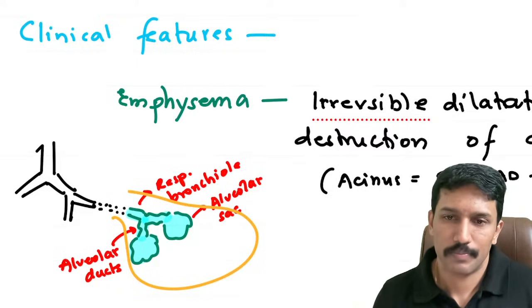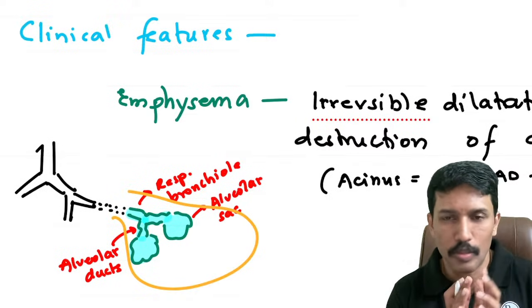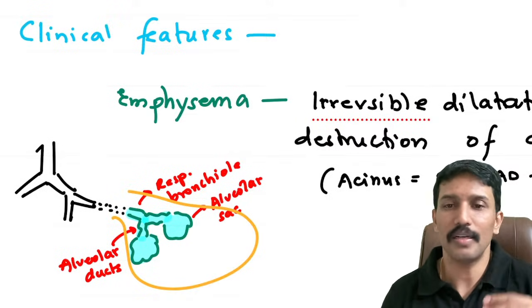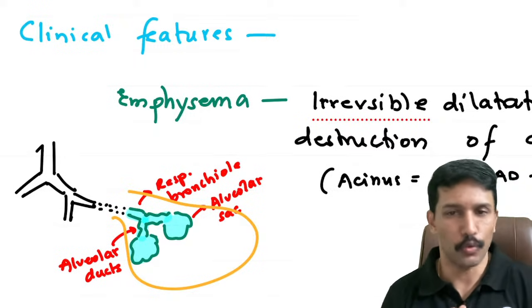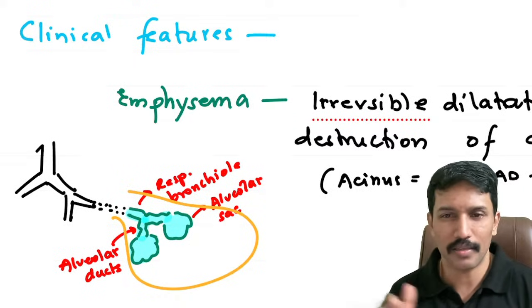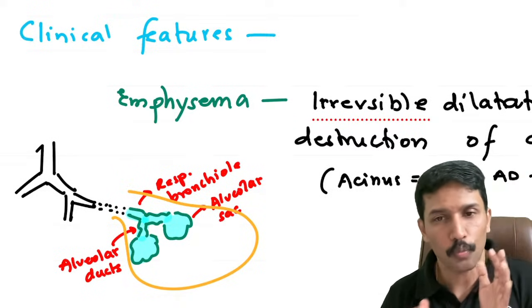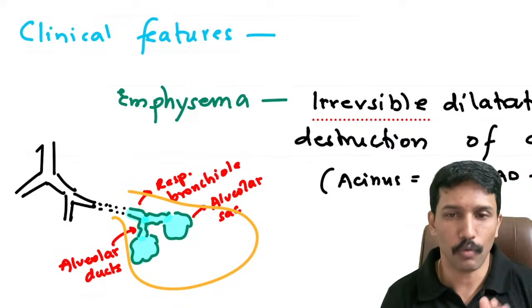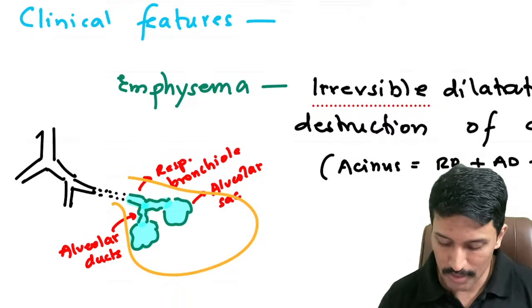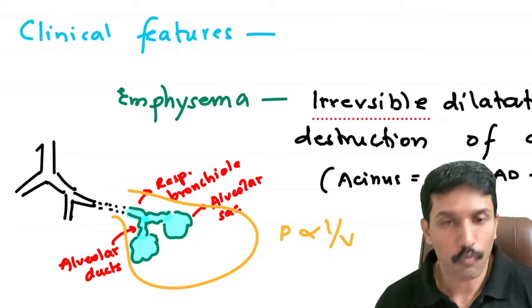To understand emphysema, I want you to understand two basic principles of physics. Anything that is fluidic in nature, which can flow, be it air, water, anything, moves from a high pressure to a low pressure zone. That is the first thing. The second is Boyle's law, which says pressure has an inverse relationship with volume.